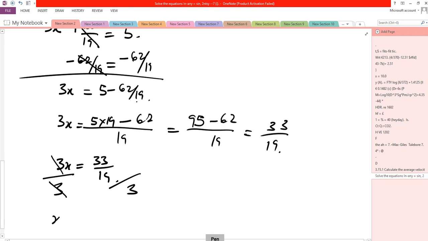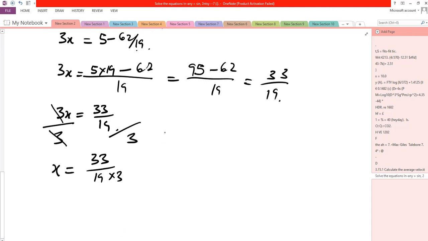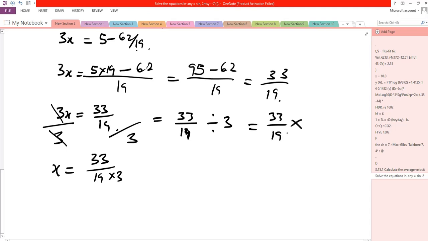We are left with x equal to 33 all over 19 divided by 3, which is the same thing as 33 all over 19 times 3. If you want to change this to times, this will now be 1 over 3.